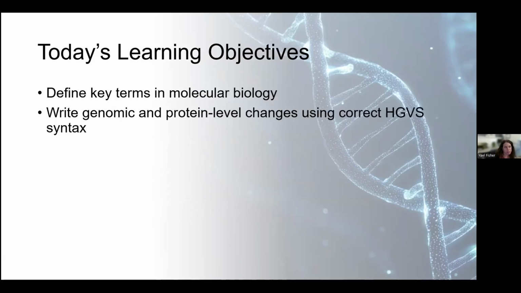Today, we're going to start with the basics. So we're going to define key terms in molecular biology, and we're going to see how to write the genomic and the protein level changes in a way that is clear to everyone, and also how to read these results.